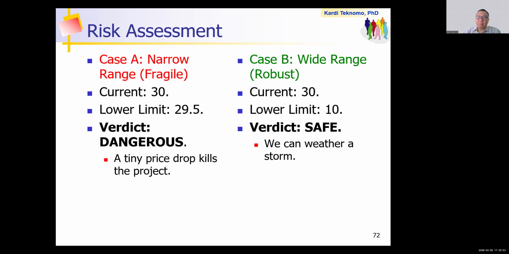So as a planner, you look at the allowable decrease and allowable increase. If it is a tiny change, you will be terrified. That means your plan is actually fragile. In that case you need insurance.